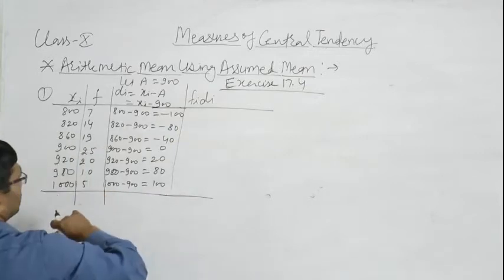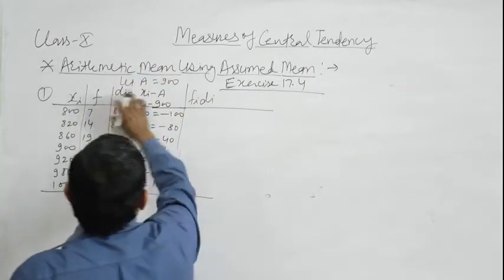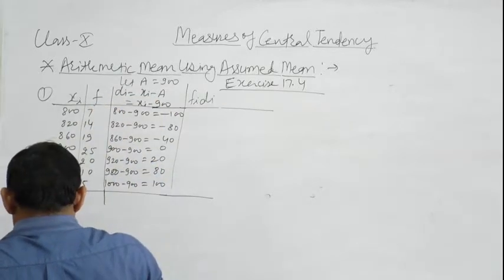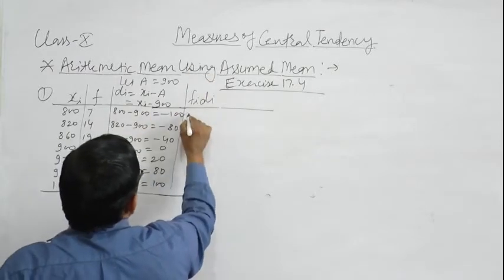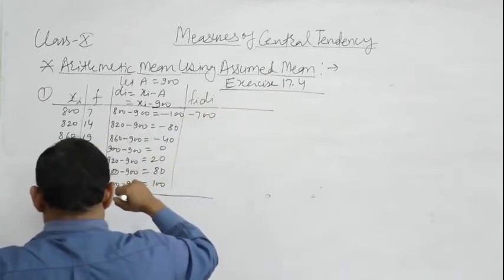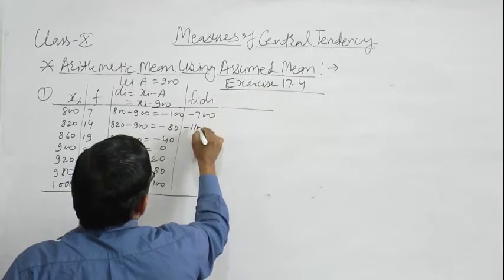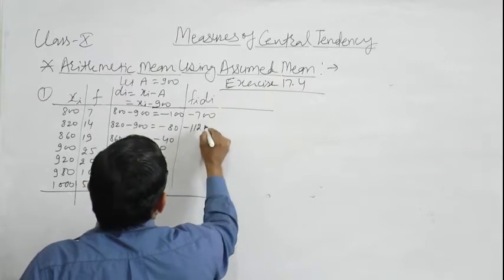Okay, so now we find fi di. It means value of f multiply by value of d. So minus 100 multiply 7, that is minus 700. 14 times 8 is 112, minus 112.